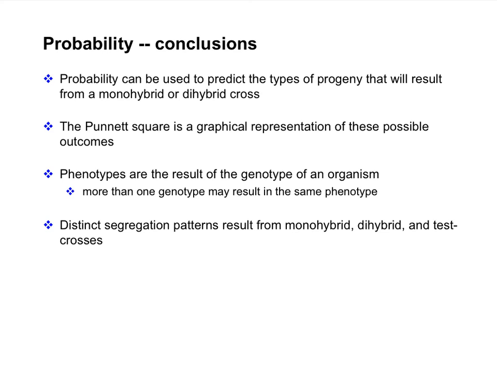You get that 3 to 1 ratio for the phenotype in a monohybrid cross, and the 1 to 2 to 1 ratio for the genotypic ratio in a monohybrid cross. You have these patterns that you can learn from, and you can use them to more easily predict or answer questions as they come up.